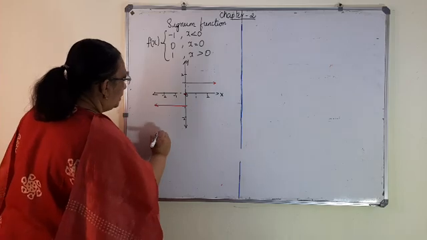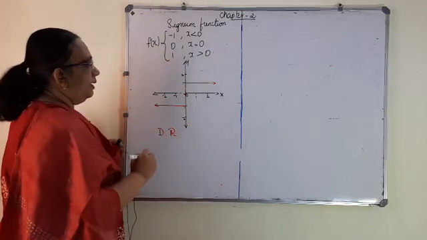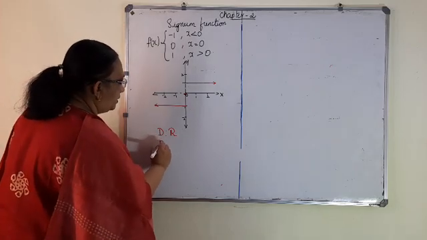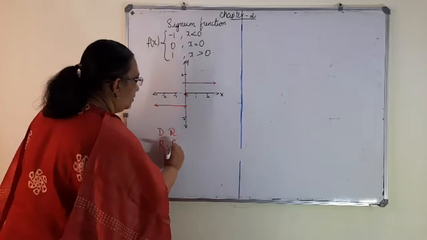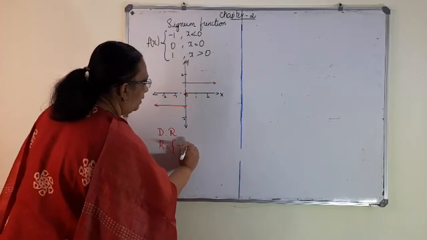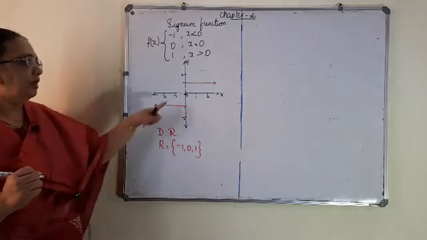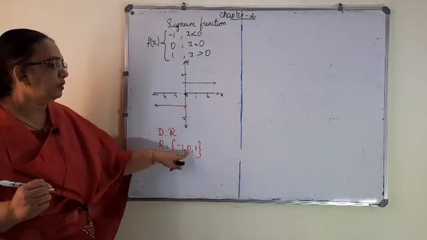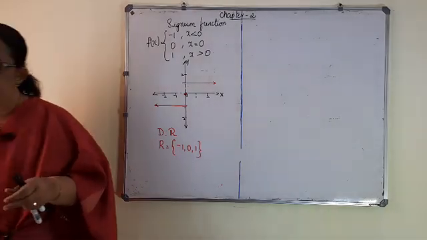So, what is the domain of the graph? The domain is the set of all real numbers. What about the range? Whatever values x takes, the range values are minus 1, 0 and 1. It takes only 3 values, minus 1, 0 and 1. So, this is called the signum function graph.